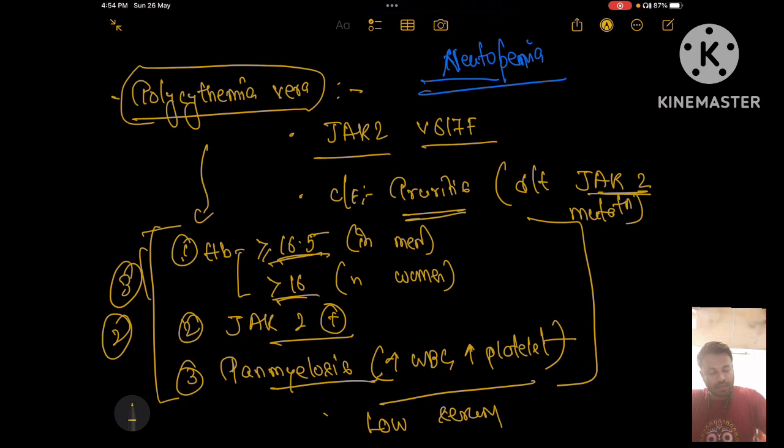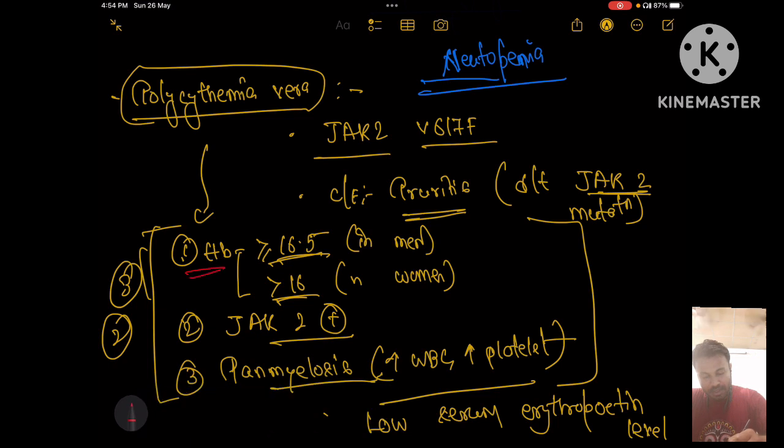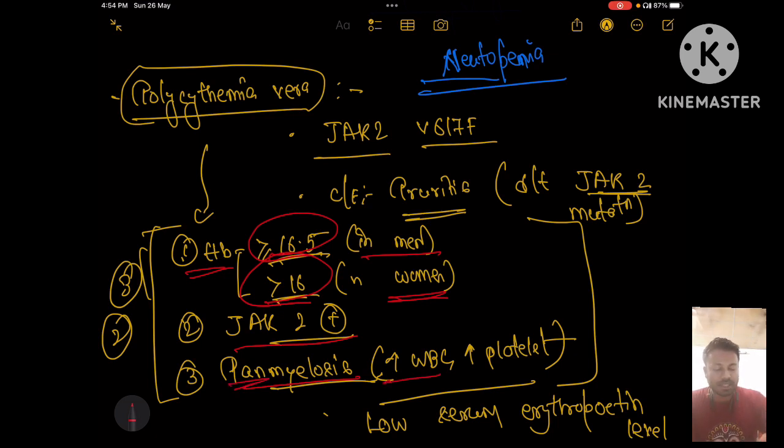So for diagnosis of polycythemia vera, hemoglobin should be greater than 16.5 in men and greater than 16 in women, JAK2 mutation, and panmyelosis with increased WBC and platelets.